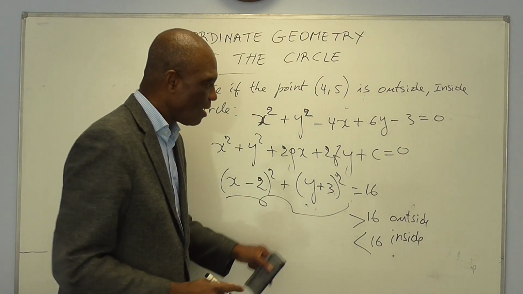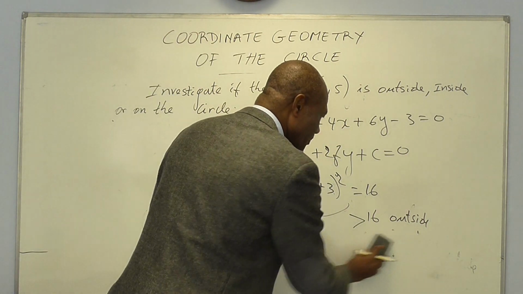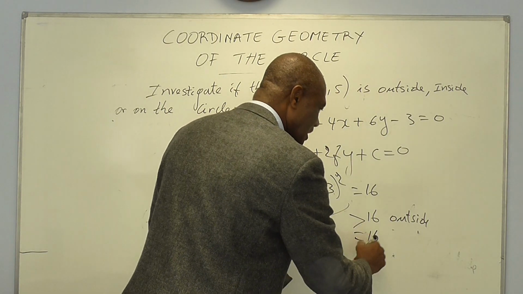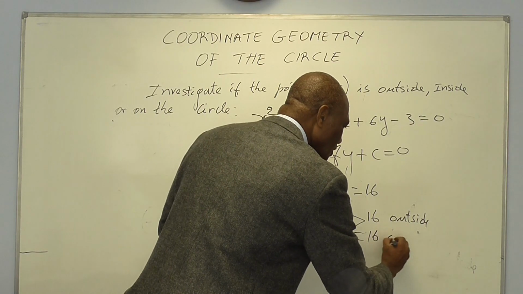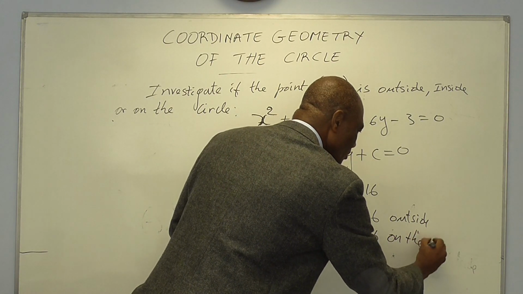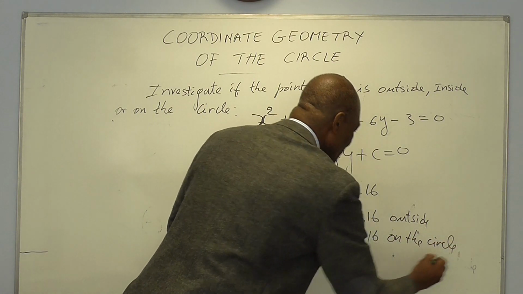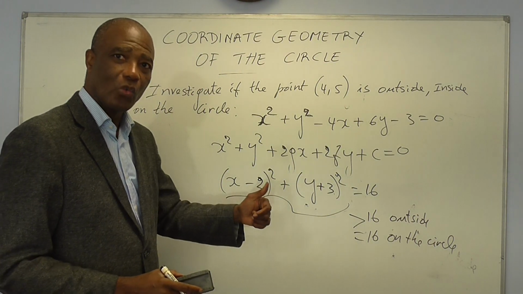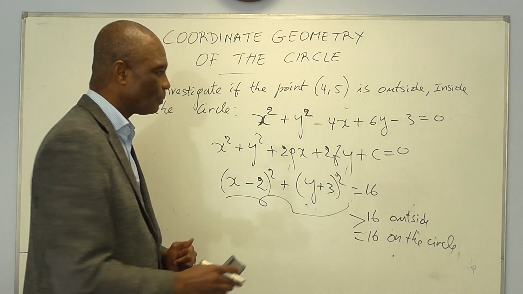But if it is equal to 16, we say that it is on the circle. On the circle. Okay?